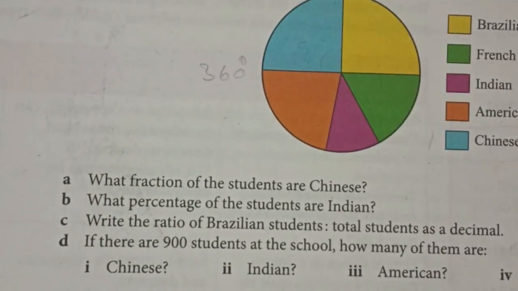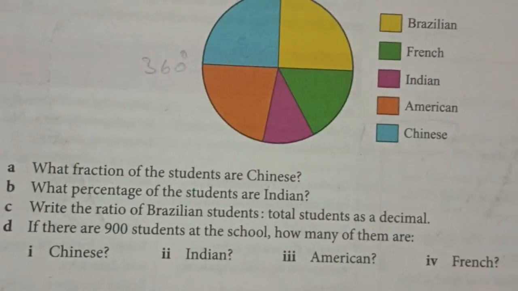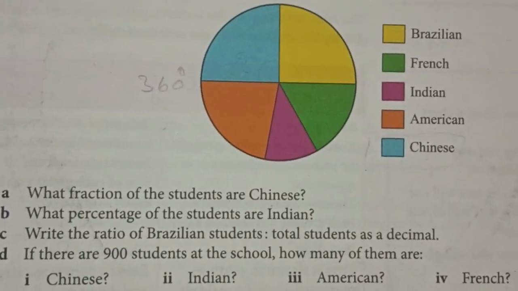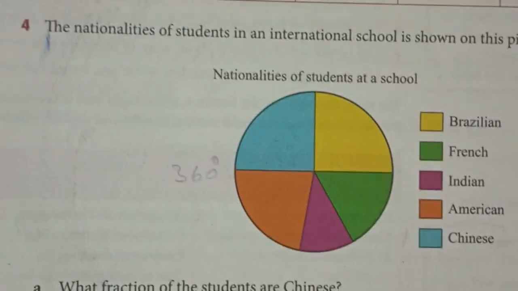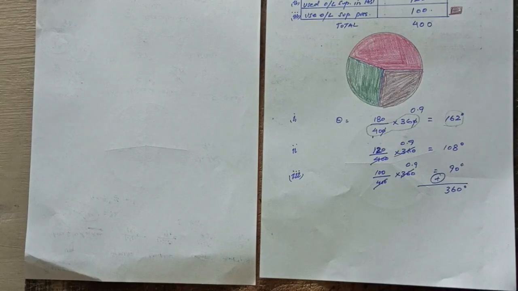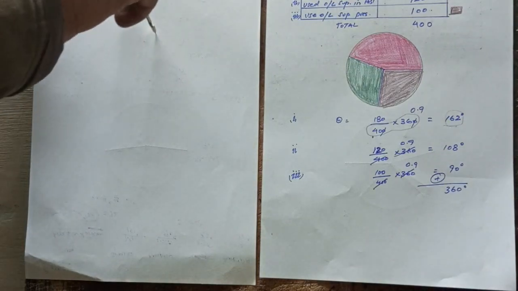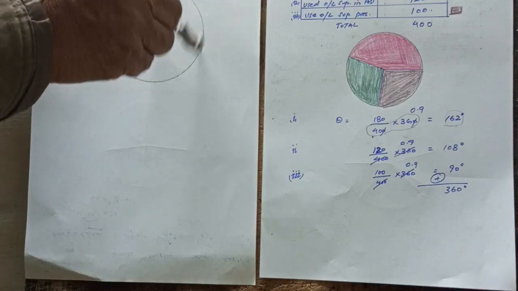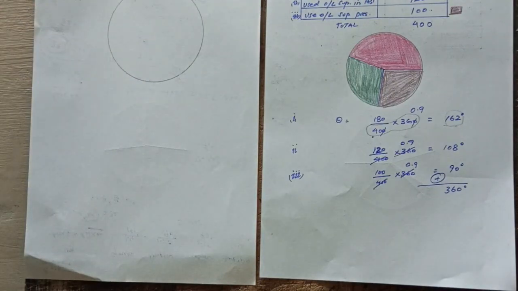And for D, there are four sub parts also available in the questions. Now you see what our mission is: I'll reproduce the same pie chart over here, almost the same pie chart. Now this is the same pie chart over here.